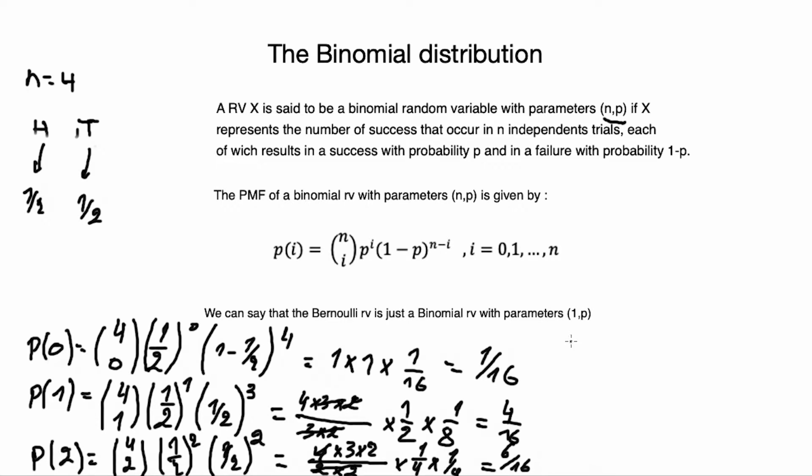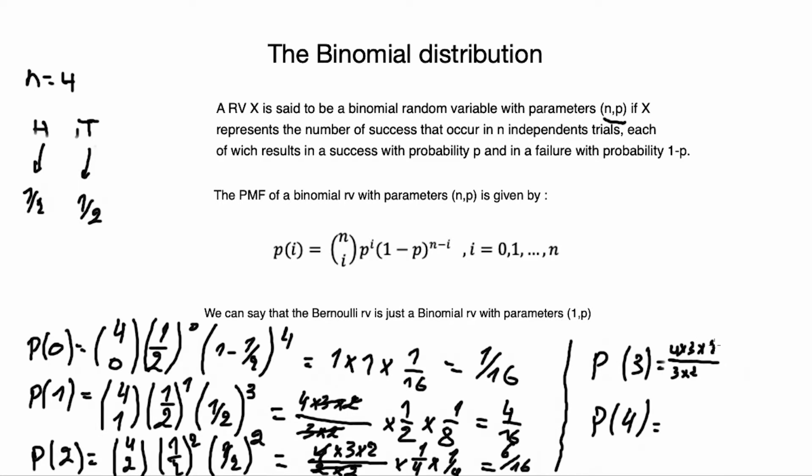And here for P of 3 and P of 4, we'll compute P of 3 first. It is 4 chosen 3, which is 4 times 3 times 2 over 3 factorial times 4 minus 3, which is 1 factorial, so it is 1.